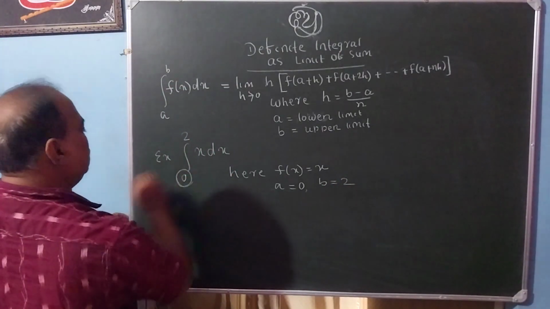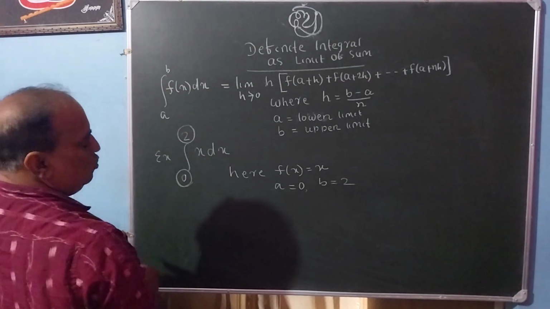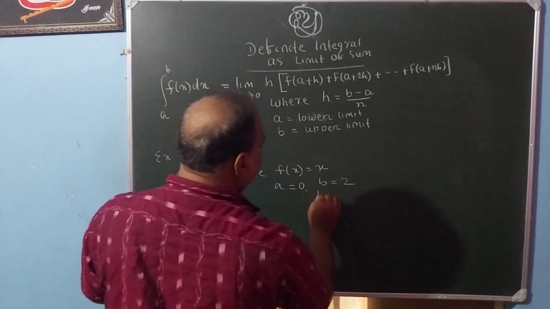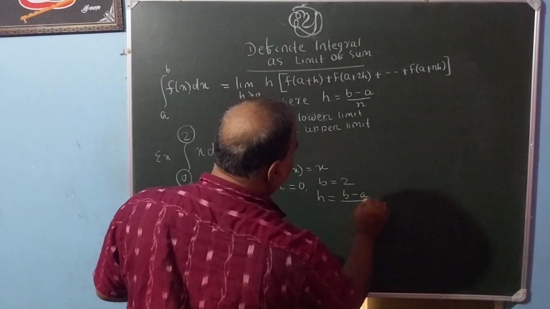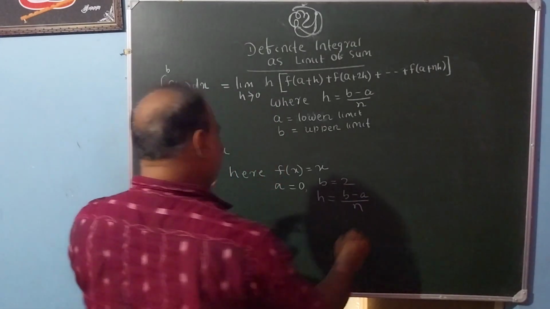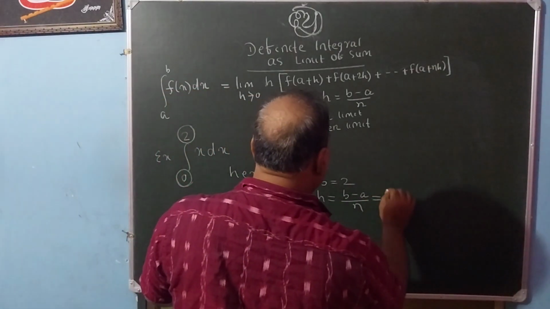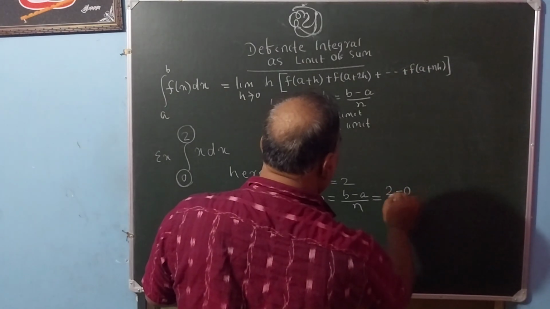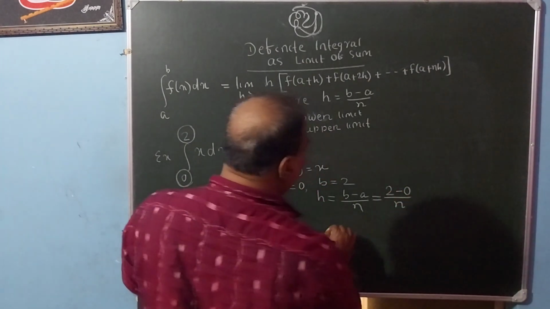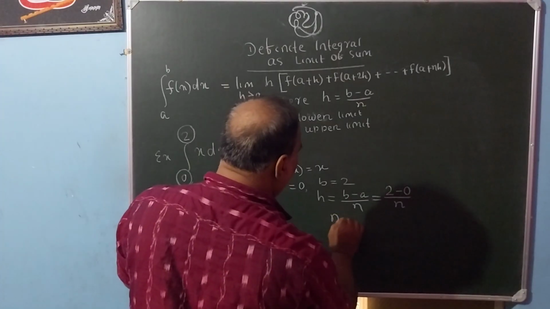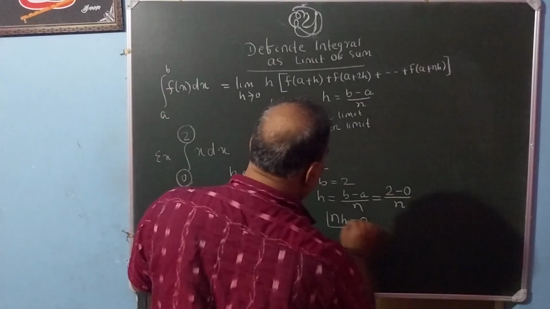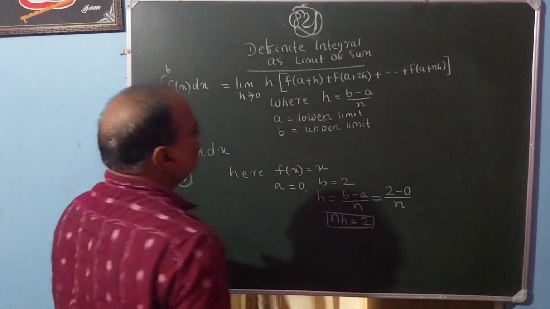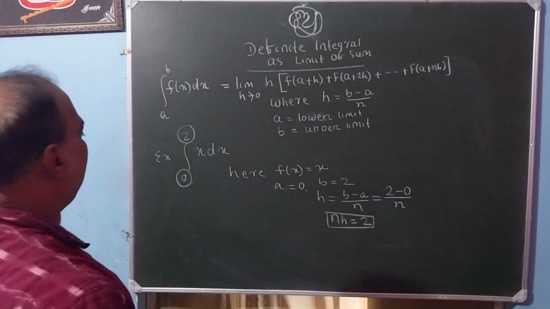So h can be found out: (b minus a) by n, that is (2 minus 0) by n. So nh is equal to 2. You remember, nh is equal to 2.